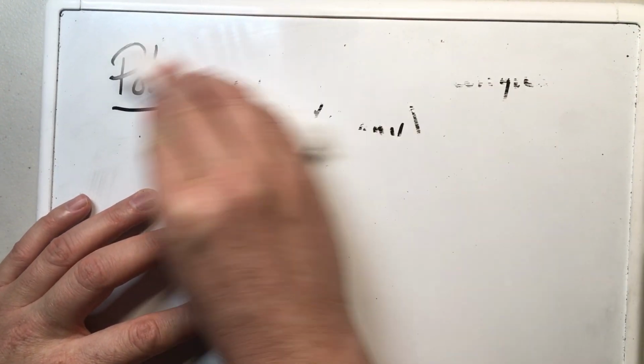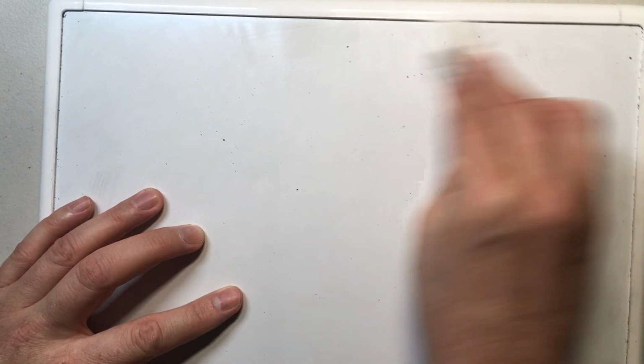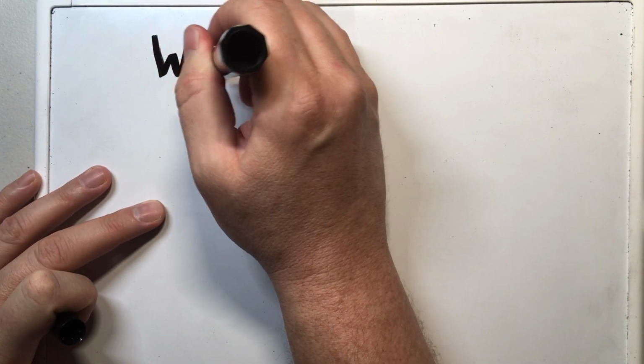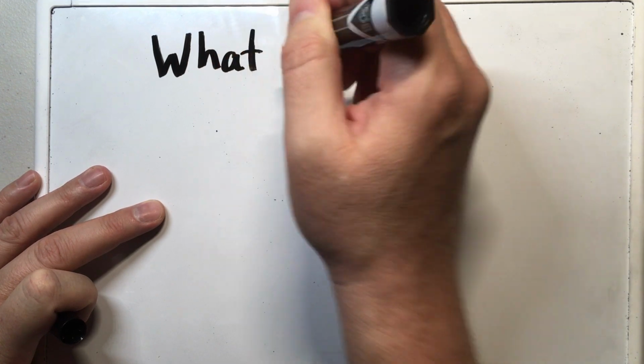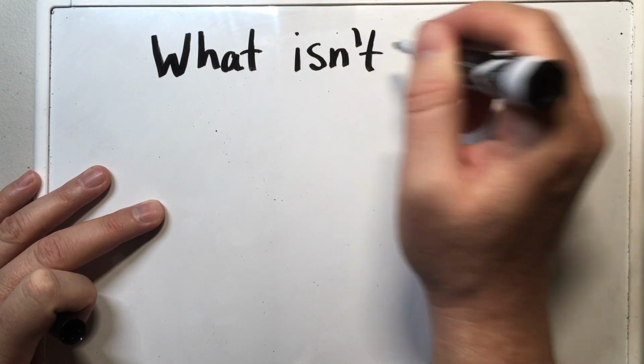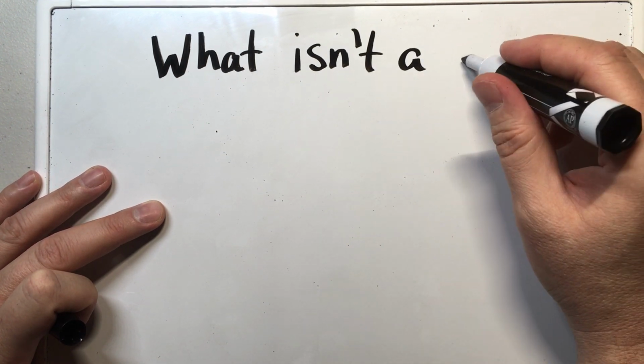Okay, so the first thing I want to do in order to really understand what a polygon is, is to understand what it isn't first. What isn't a polygon?